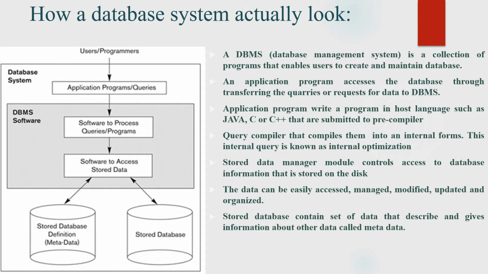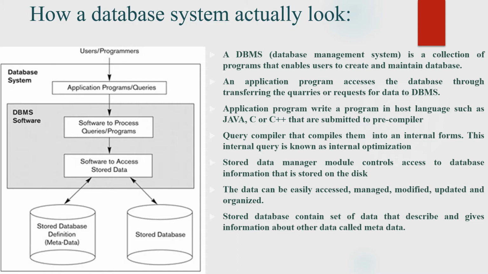Inside the system, it has software that acts as an interface between the hardware and the user, or the storage and the user. So the database software consists of the application programs which are written in host languages like Java, or C programming, C++, or any kind of language you require to work on a system. That is written with the help of an application program.